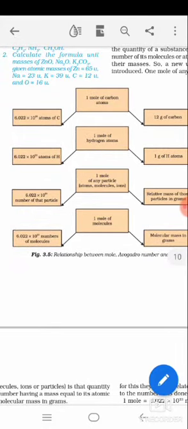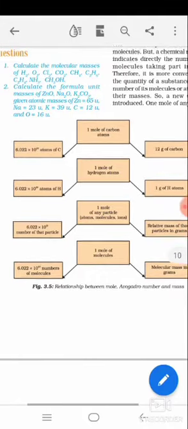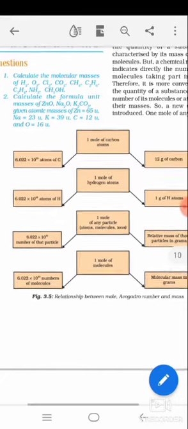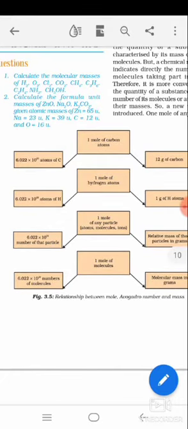To understand, I am giving an example. You have coconuts and eggs, and we are calculating that 1 dozen eggs means 12 eggs, but their mass will be, suppose 12 eggs have 1 kg weight.